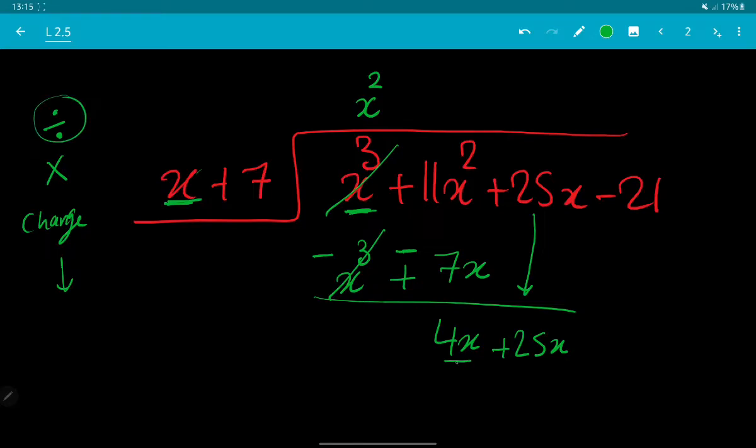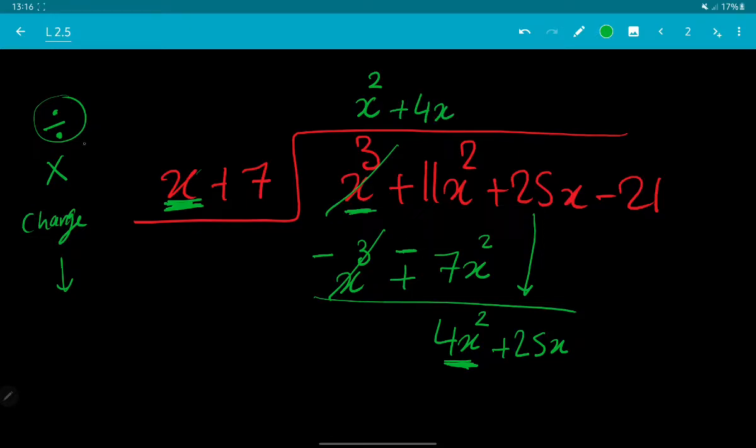Divide the first here. Sorry, this is x squared, I'm sorry, because x squared multiply 7 will give you 7x squared. When you subtract them, this will be 4x squared. I'm sorry about this. Now again, 4x squared divided by x, and write the answer up here. 4x squared divided by x is 4x.